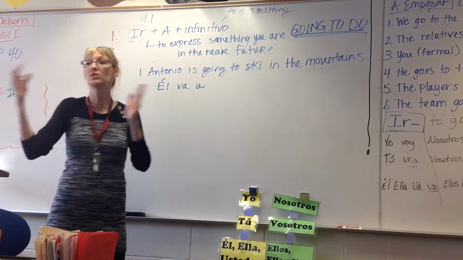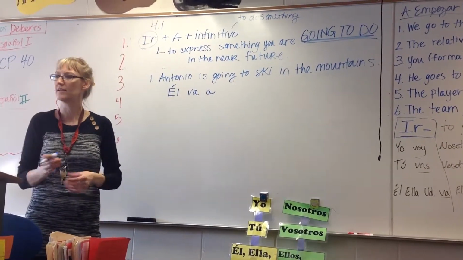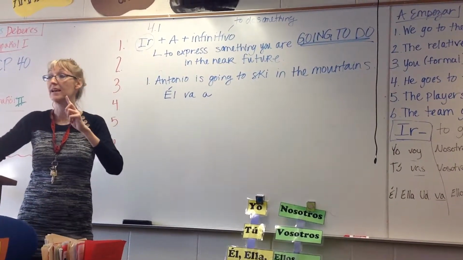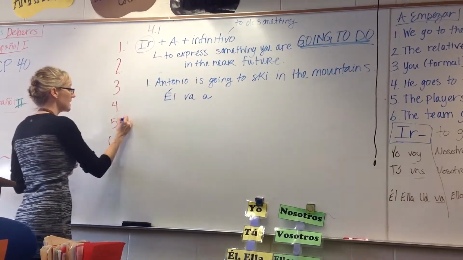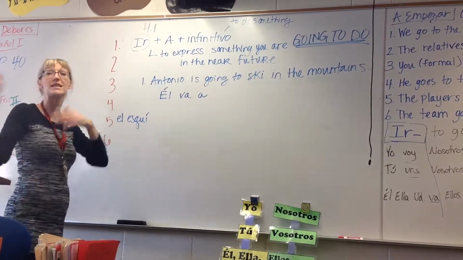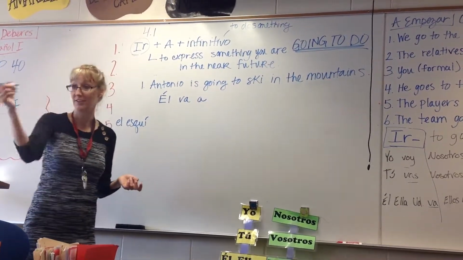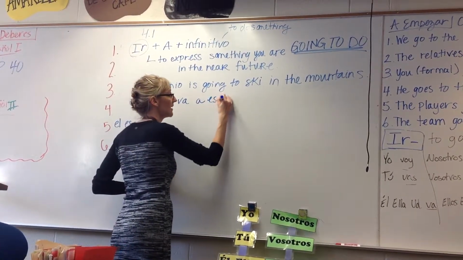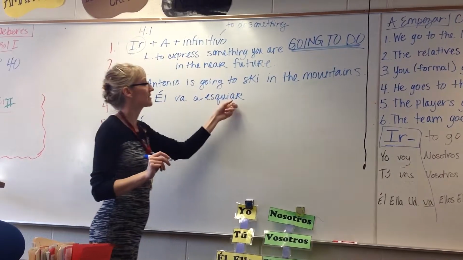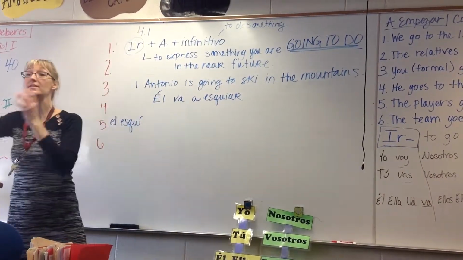He is going to. What is he going to do, Jalen? Ski. To ski. And how do you say to ski? Not the sport. El ski. Remember, el ski means the sport of skiing. How do you say to ski? Esquiar. Él va a esquiar. He is going to ski.